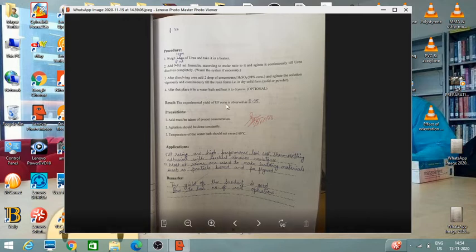So the experimental yield is very easy to obtain. You can see the book which I have given you. Once you get the product, you just weigh it and you will know.